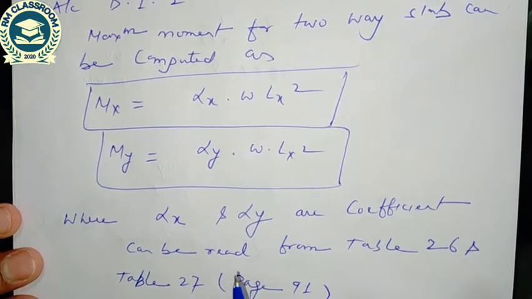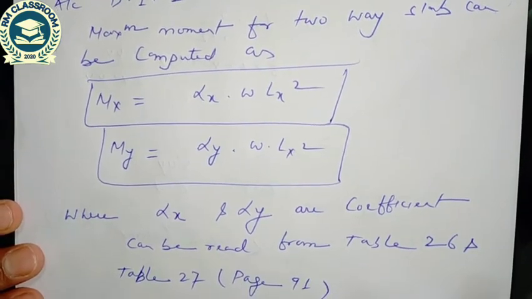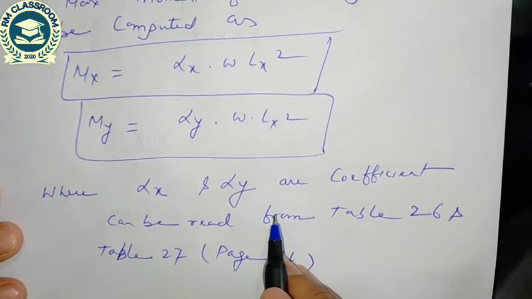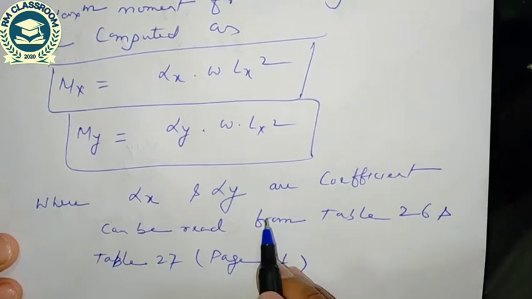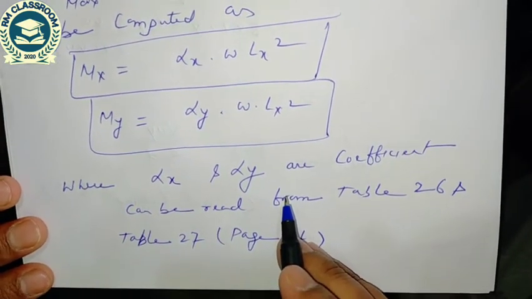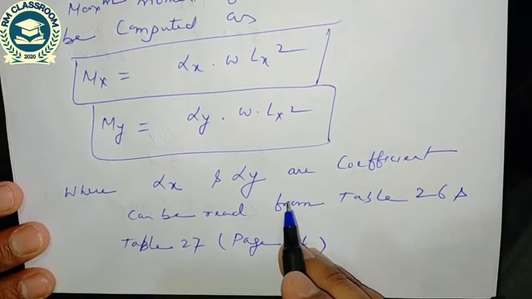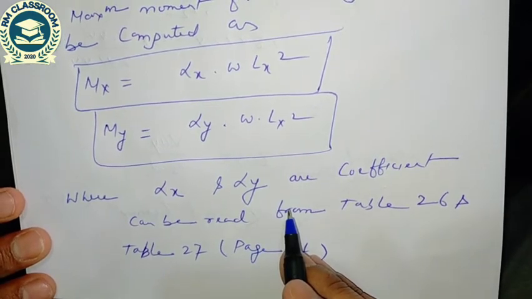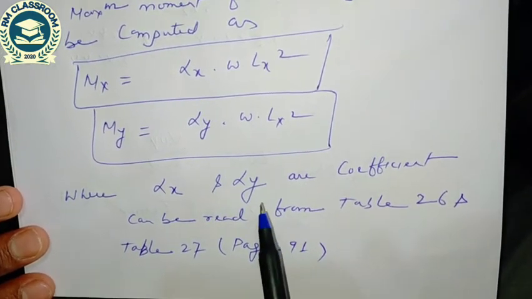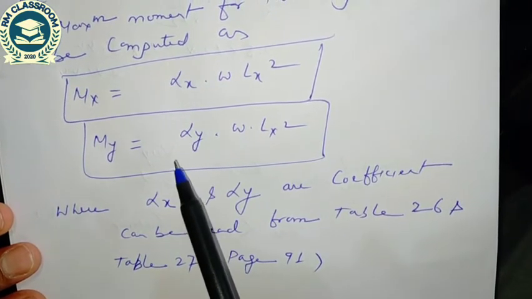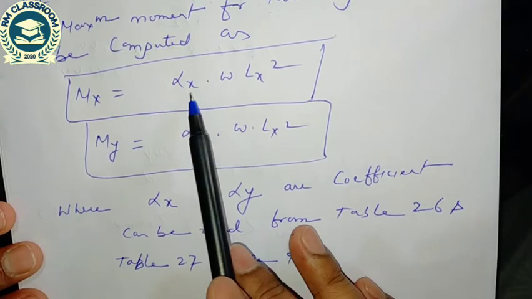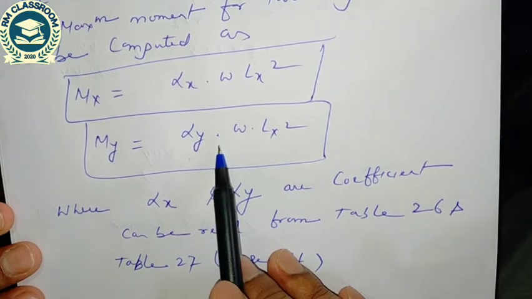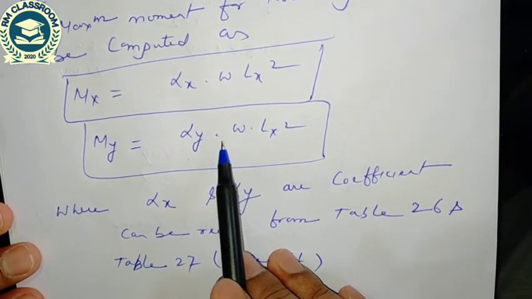These 9 panels are: the first one is the interior panel, second is one shorter edge discontinuous, third is one longer edge discontinuous, fourth is two adjacent edges discontinuous, fifth is two shorter edges discontinuous, sixth is two long edges discontinuous, seventh is three edges discontinuous, eighth is three edges discontinuous, and the last one is four edges discontinuous. With the help of that panel condition, we compute alpha x and alpha y, and with their help the bending moment on a strip of unit length spanning Lx and Ly respectively can be computed.